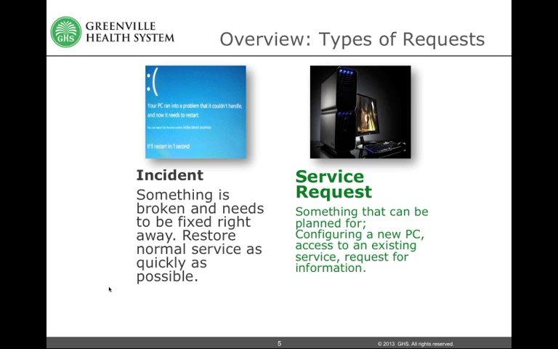Some of the things that you might use a service request for: people asking for replacement mice or keyboards. Maybe they need to have a new user account created. One of the examples we're going to do is requesting a new SharePoint site be created. Now, if you already have the SharePoint site and something's wrong with it, you would report an incident. If you want to get the SharePoint site in the first place, you would be using a service request.